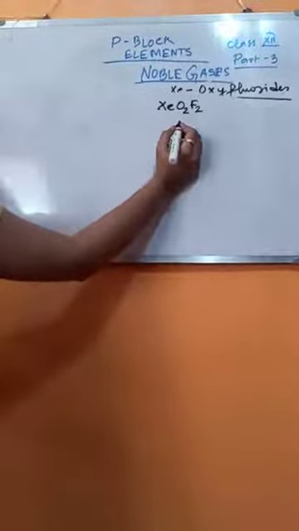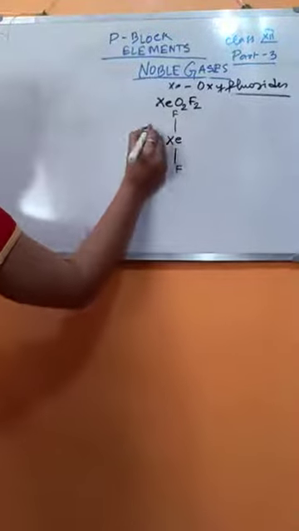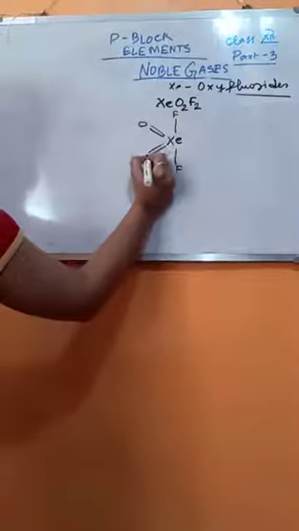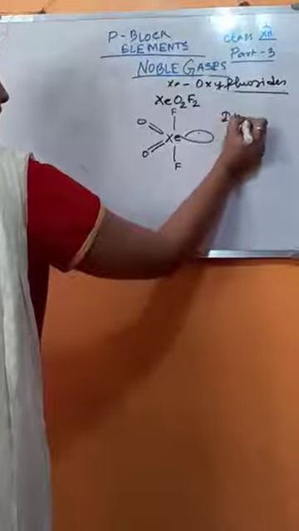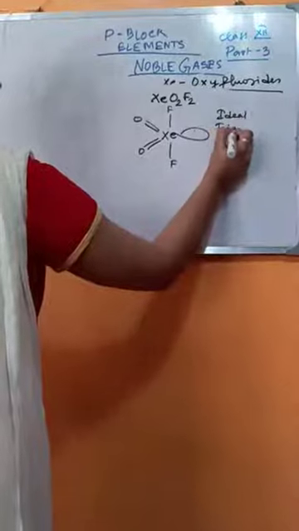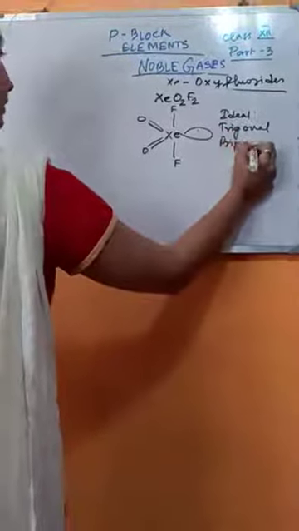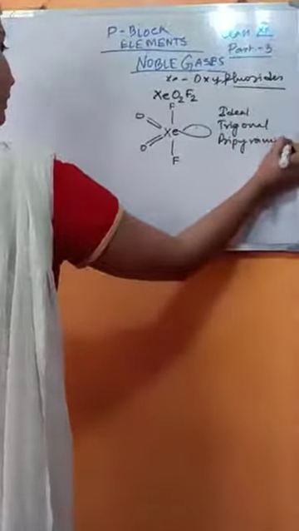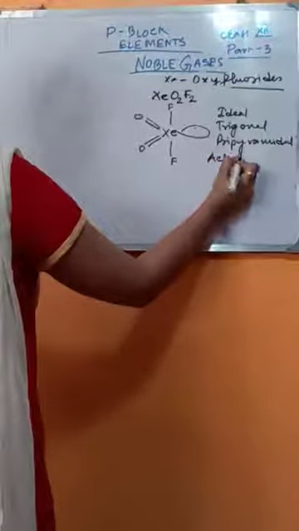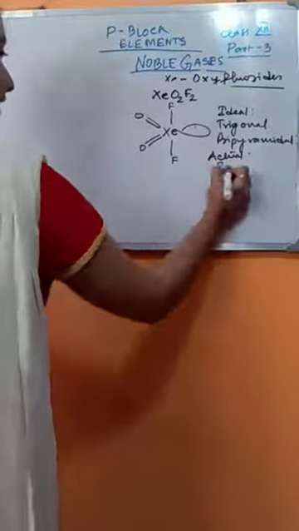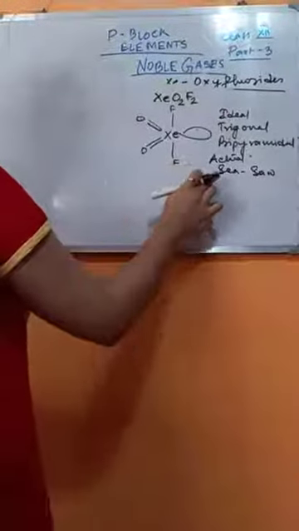For XeO2F2, the ideal structure is trigonal bipyramidal, and one lone pair is present. The actual structure is seesaw, distorted tetrahedral or seesaw structure.